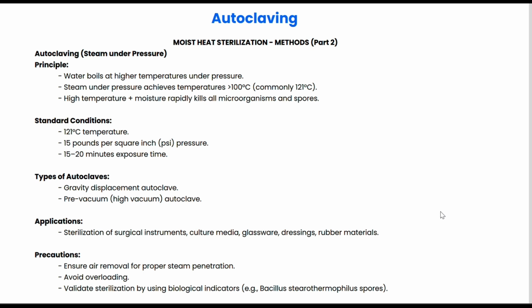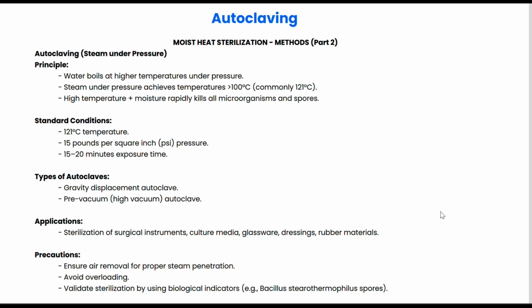Autoclaves are widely used for sterilizing surgical instruments, culture media, glassware, rubber goods, and even certain plastics. Some important precautions to keep in mind: always ensure air is completely removed from the chamber, otherwise, air pockets can prevent proper sterilization. Don't overload the autoclave. Steam needs space to circulate freely.